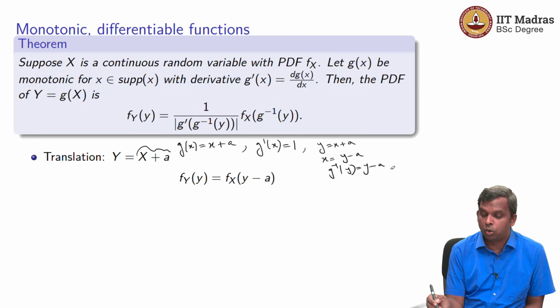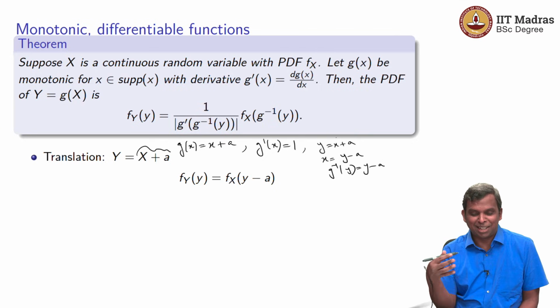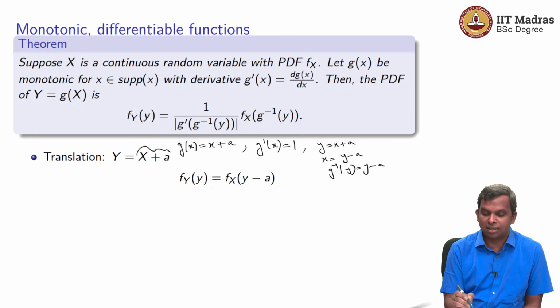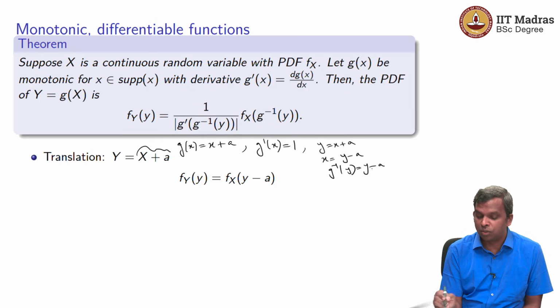This is how you mechanically use the process. Now you substitute it into the formula. f_X of x, instead of x, you put g inverse of y, which is y minus a. And then there is a 1 by the derivative, but the derivative is just 1. It doesn't matter what value you put in, it's 1. So you get f_Y of y is f_X of y minus a.